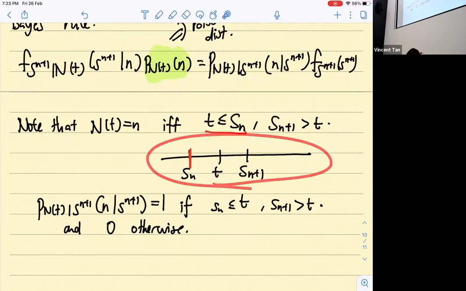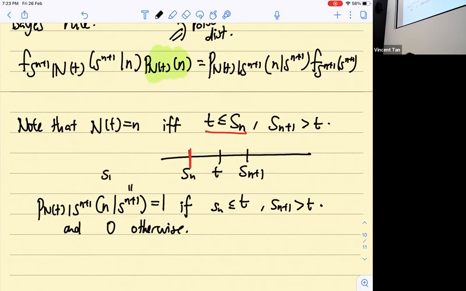This is conditioning on the entire set of arrival epochs. The entire set of arrival epochs takes on this value Sn plus 1, which is this vector S1 up to Sn plus 1. So there's a particular realization. This is equal to 1 if the number of arrivals here is exactly n, which means Sn is less than or equal to t, and Sn plus 1 is greater than t. You need to have this vector have the last two elements satisfy this condition.